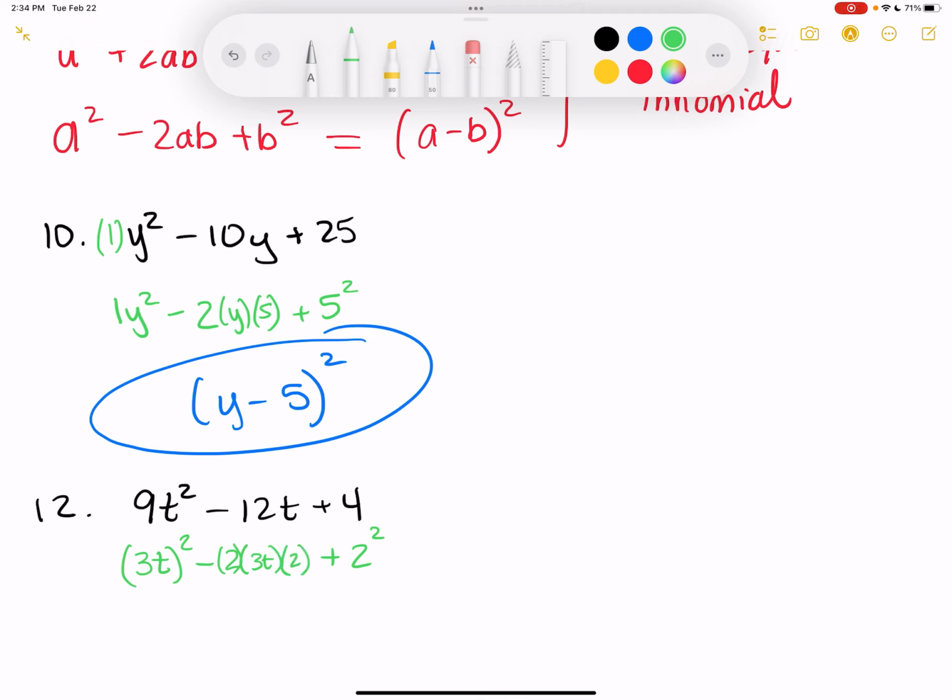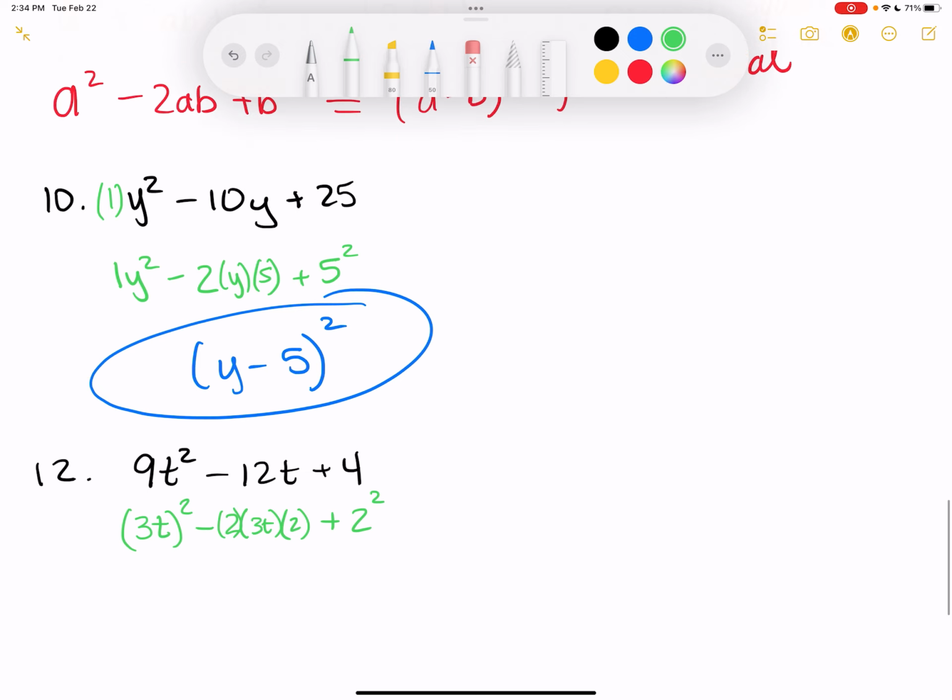So that 2 times that gives me 12. And so when I write my answer, it's A, so 3t, whatever the sign of this middle term is, minus B squared, which is 2 squared. I'm trying to help you see why they're special types right now.